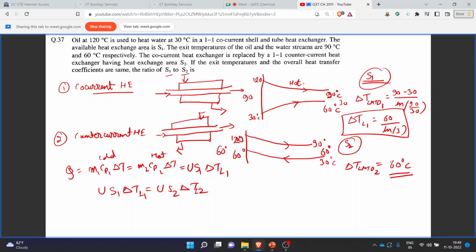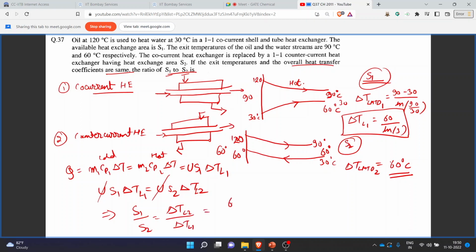The overall heat transfer coefficient also we have been given as the same, so that is U will remain the same. So from this we can find the ratio of S1 upon S2 that is required in the question. S1 upon S2 is delta TL2 upon delta TL1.